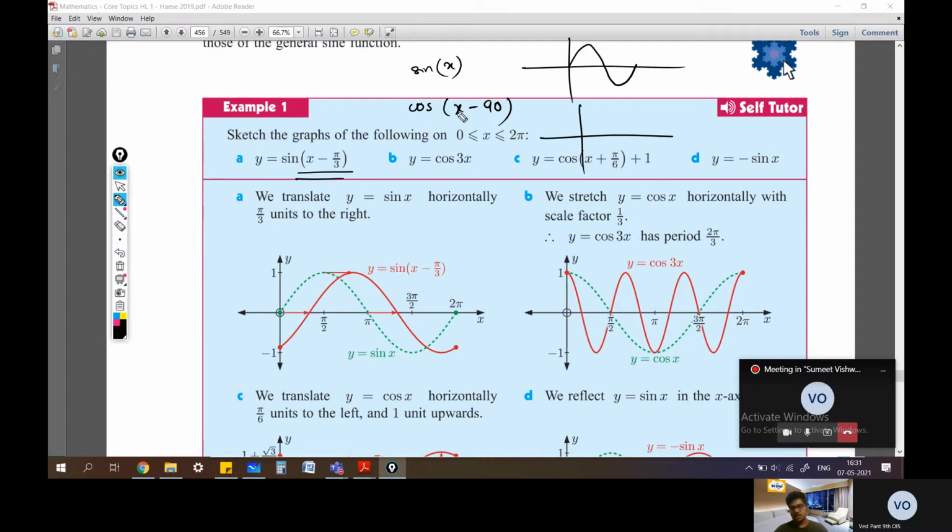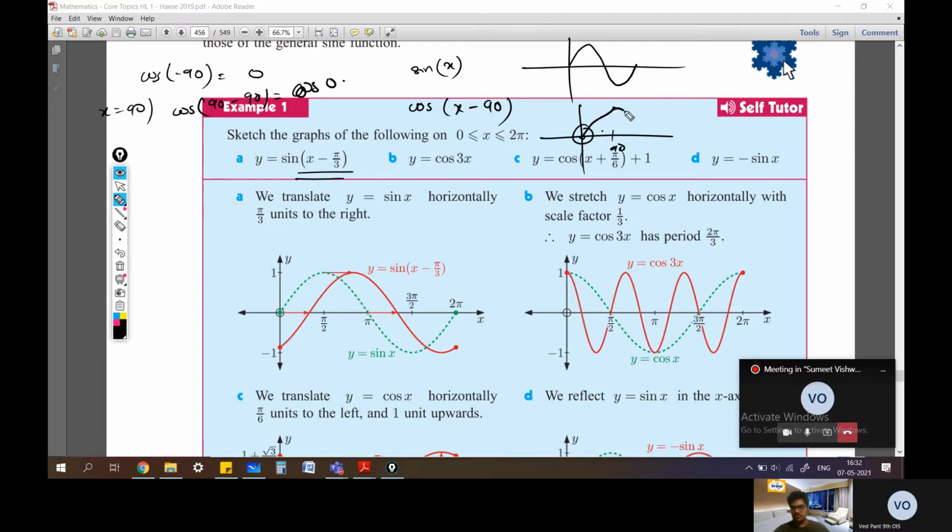When I plot it now, what will happen if I put 0? That means cos minus 90, which is 0. So I'll get this point. When I put x equals 90, that means cos 90 minus 90, that will become cos 0. That is this point. At 90, I'm getting this point.